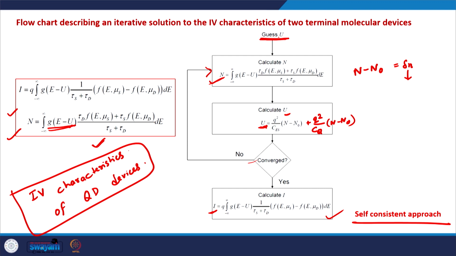That's essentially what we have on two terminal quantum dot devices, and this discussion can also be extended to three terminal devices, the way we extended the general model of transport discussion to MOSFETs as well.